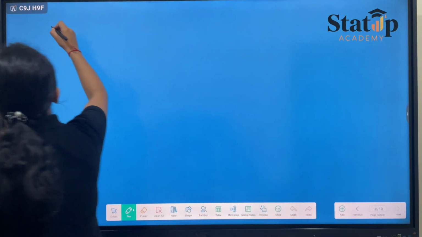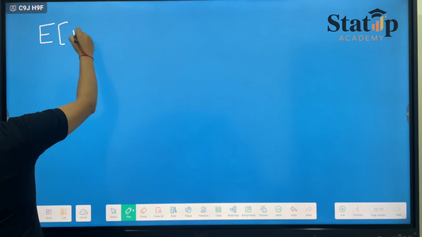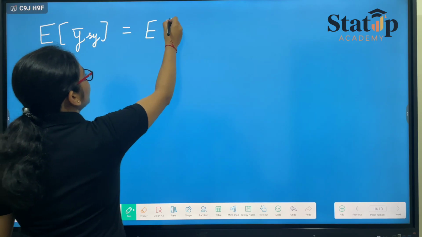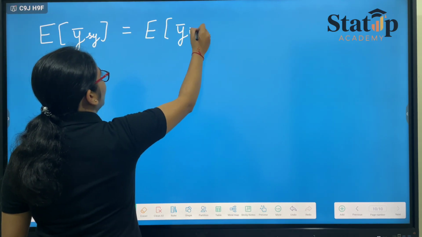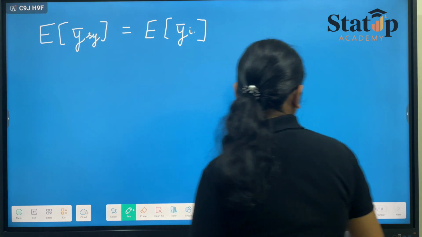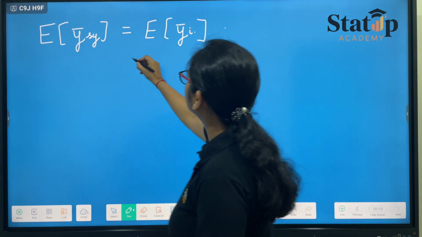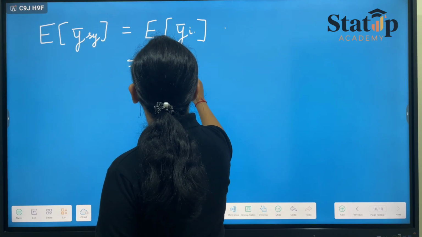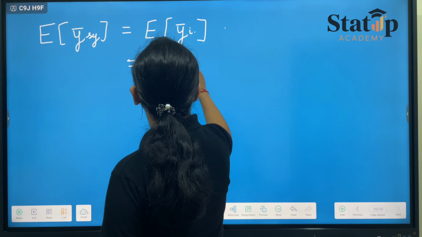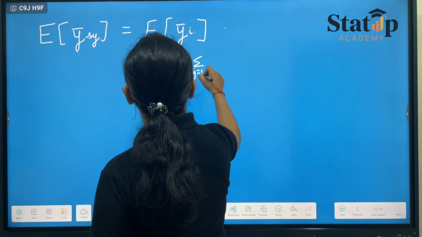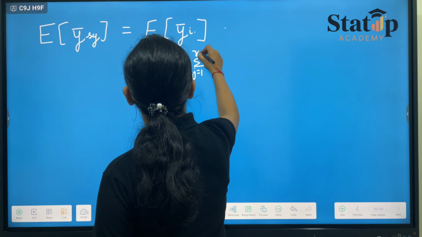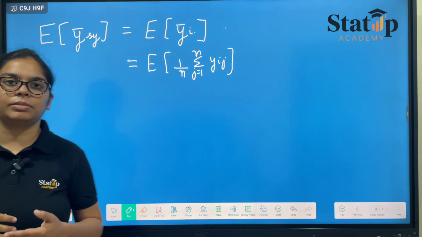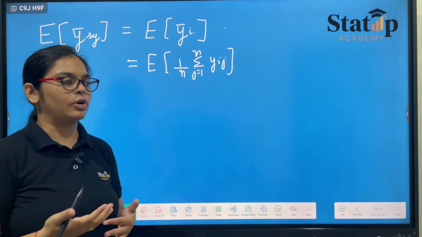So putting it on the next page, the expectation of the sample mean, we can also write as expectation of y bar i dot, which is nothing but expectation of 1 upon n summation j goes from 1 to n Yij, and expectation is the multiplication of probability into the formula.